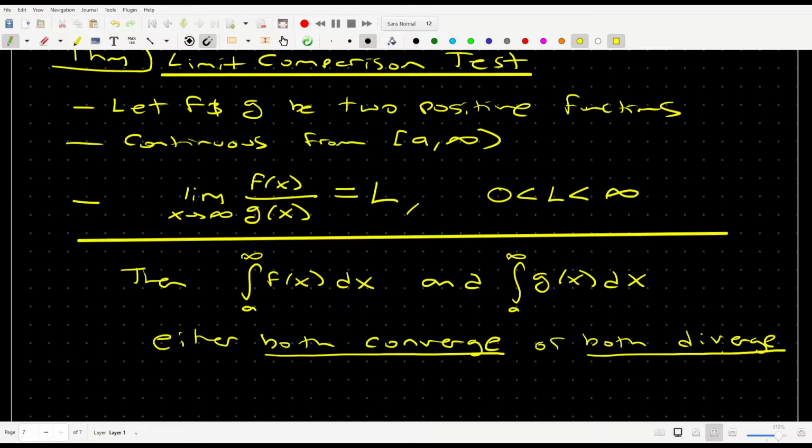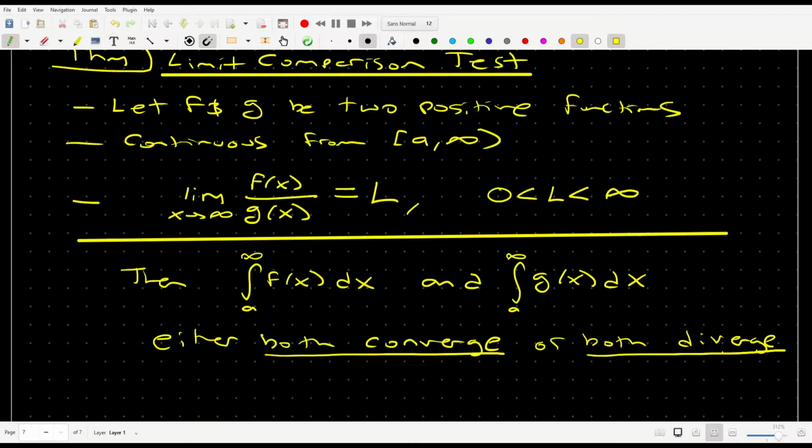So it's a very similar statement, in fact, to the direct comparison theorem. It's used similarly to the direct comparison theorem. But sometimes the limit comparison test is easier to use than the direct comparison test.